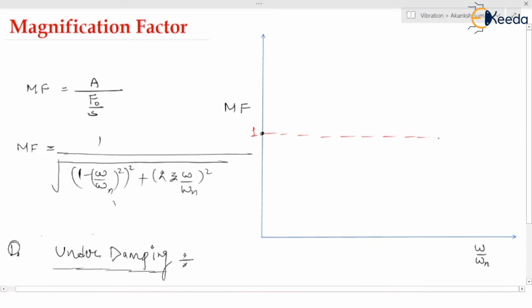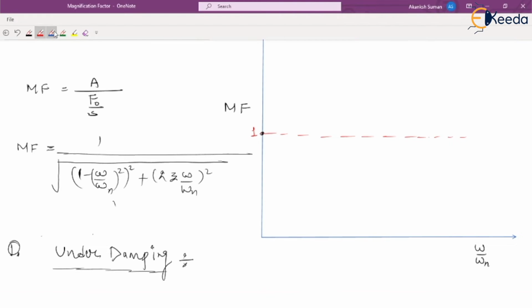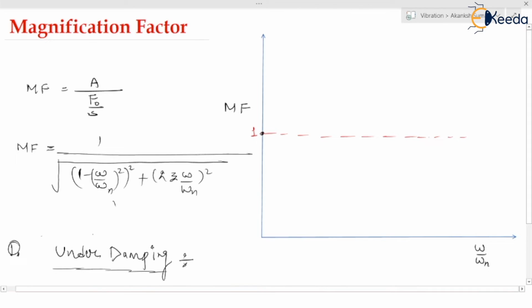So when you see the graph, it will be like that. You will understand the graph, how it works. This is the value of a magnification factor that's equal to 1. You will understand this full graph. Let me draw the diagram. Okay. Then I will show you how we can understand this graph completely.